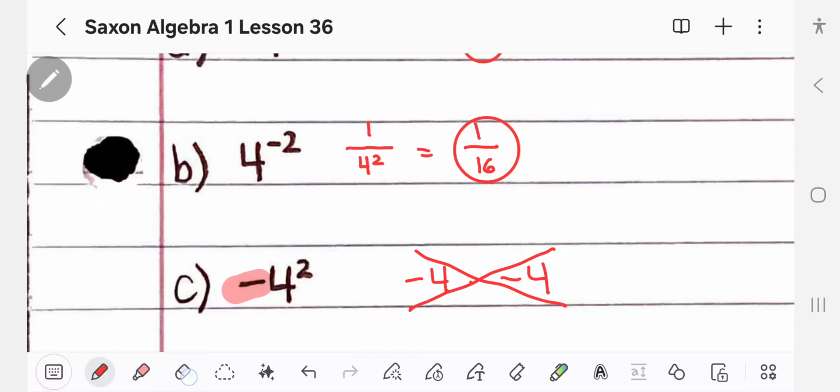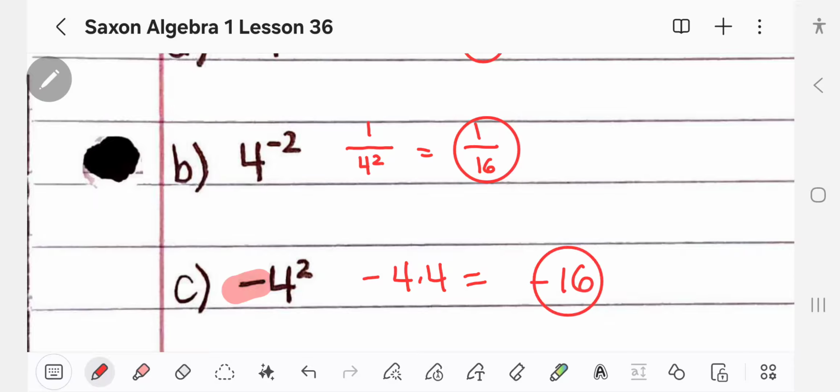I know how to do the rest of it. I know that 4 squared is 4 times 4, right? Now I'm going to uncover that negative symbol, and show it. That's what this means. It means the opposite of 4 times 4, which is negative 16.